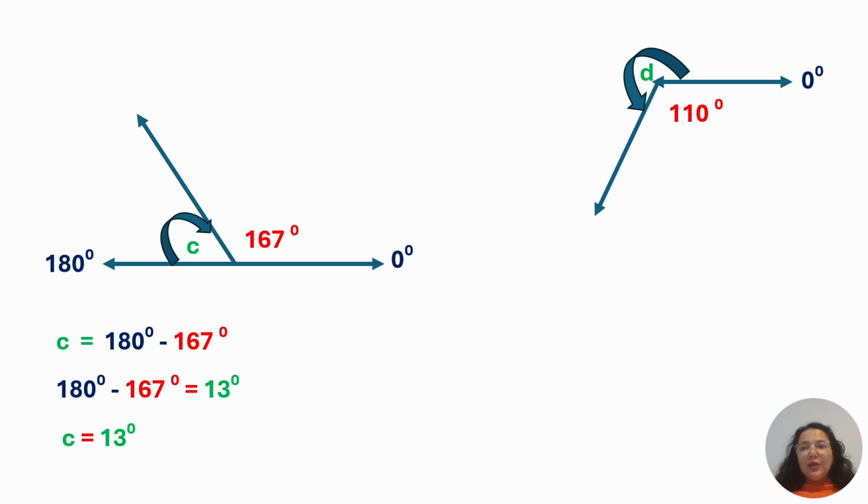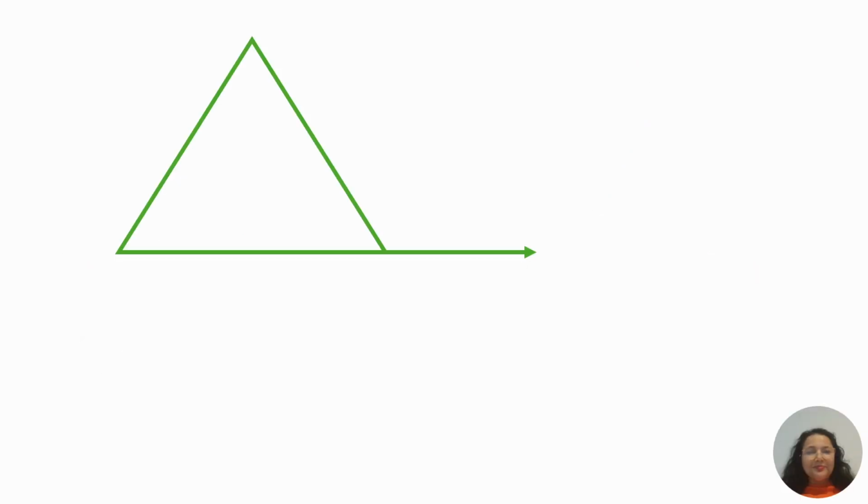We started at 0 and that is 180 degrees, so we cannot use 180 degrees. So we're going to say D is equal to 360 degrees minus 110 degrees, which is 250 degrees. So this angle D here is 250 degrees. So 250 degrees plus this 110 gives you 360 degrees, which is our revolution.